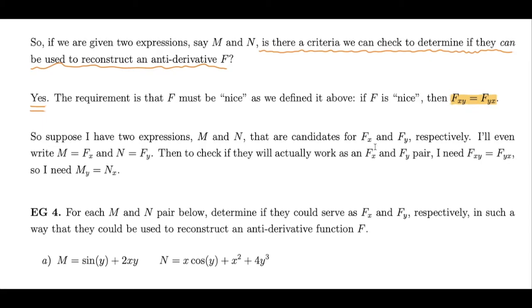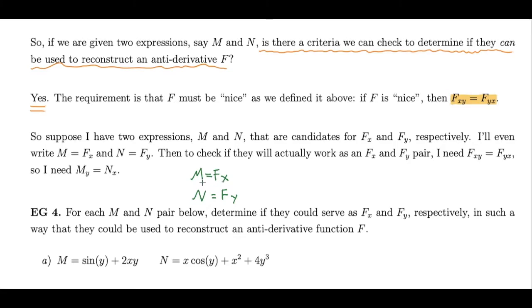So in order for this pair of expressions to really function as a pair of partial derivatives, I can check this equality between the mixed partials. And just so we're clear on this notation, when I'm presented with a pair of expressions, I will assume that one is the partial with respect to x.